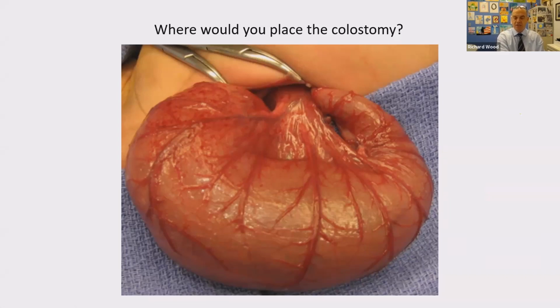We don't personally advocate for doing transverse colostomies in cloaca. I know that was always Dr. Hendren's practice, but it's very, very difficult to image patients through a transverse colostomy. And in addition, they absorb a lot of urine in the colon distal to the transverse colostomy, which can make these children acidotic.